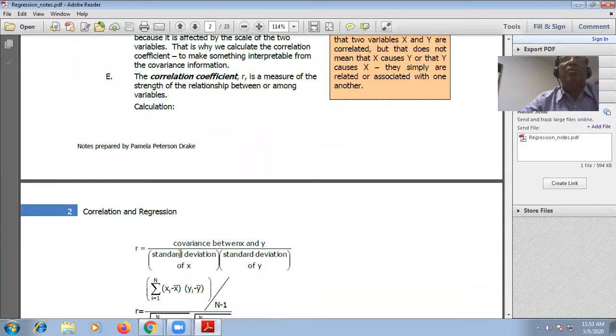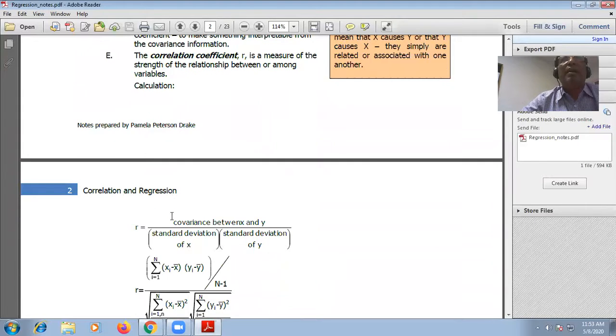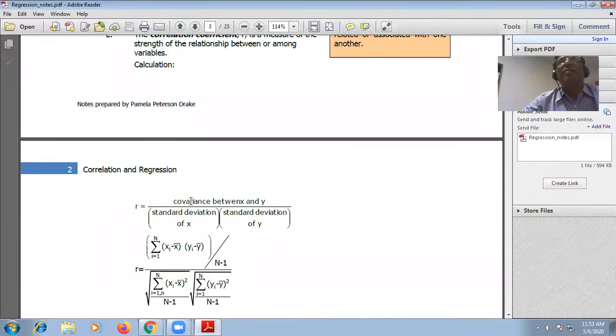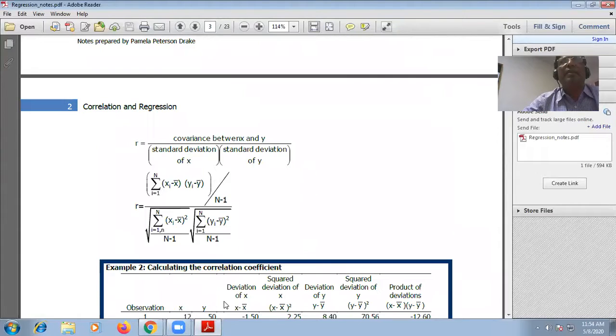Here r is equal to the covariance between x and y divided by the standard deviation of x and the standard deviation of y. This may be written as the covariance between x and y over the product of the standard deviations, given by these formulas. This is our correlation and regression.